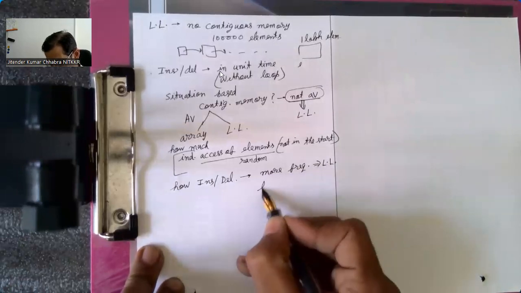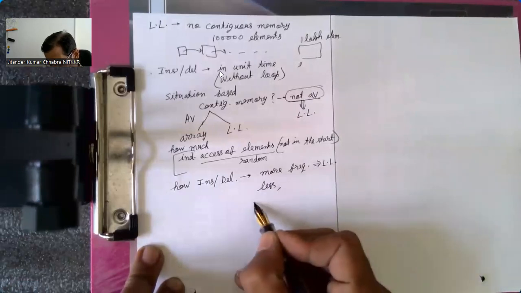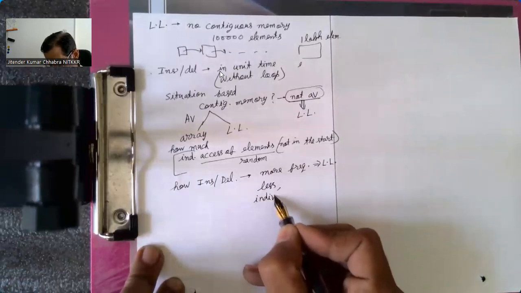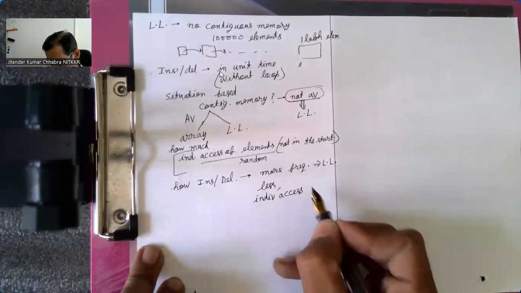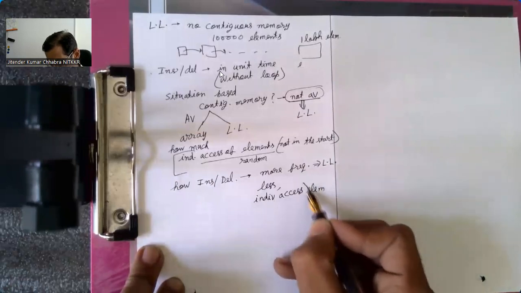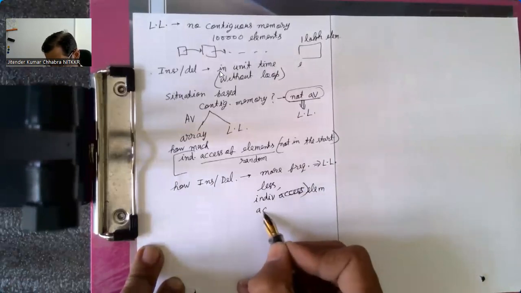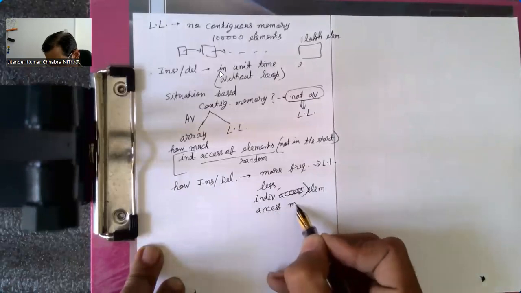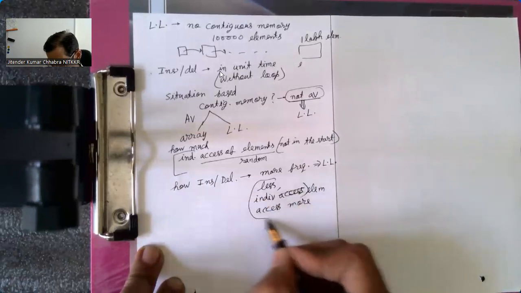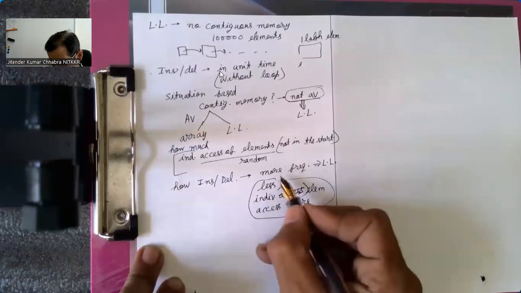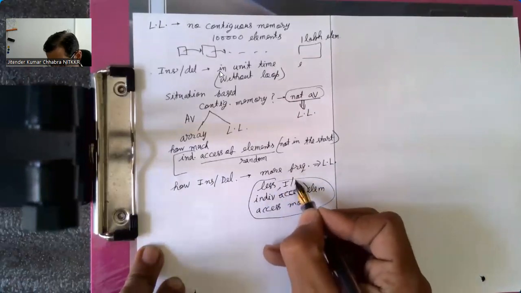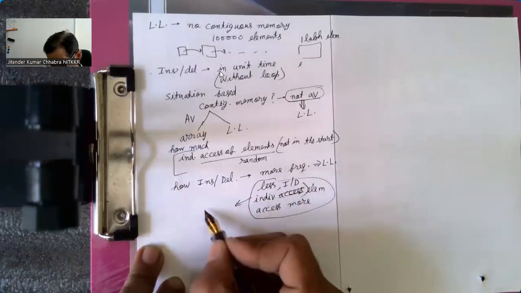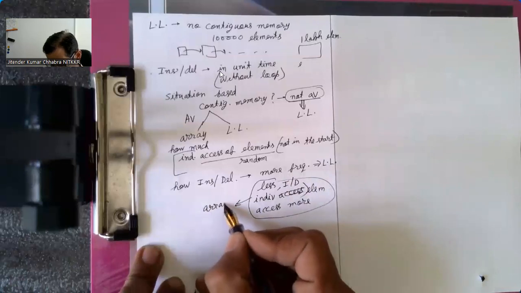If you have insertion and deletion very few times and individual element access is more, then obviously that will mean array is a good choice.